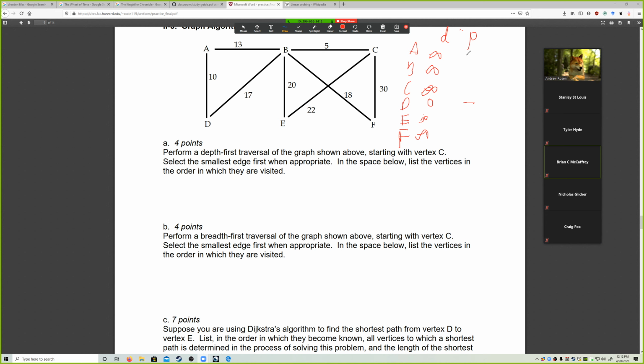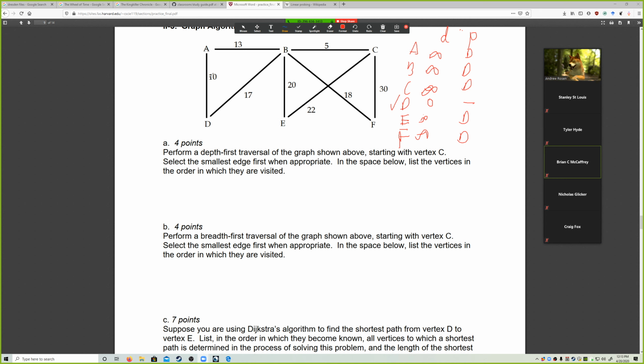Everything else is reachable only at an infinite cost from D. Now D has 2 neighbors. First we select the node with the cheapest cost. Having not infinity is the cheapest cost. So D is what we're going to select.